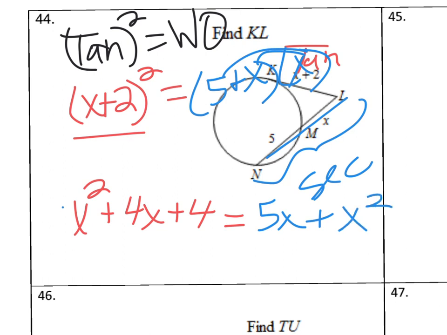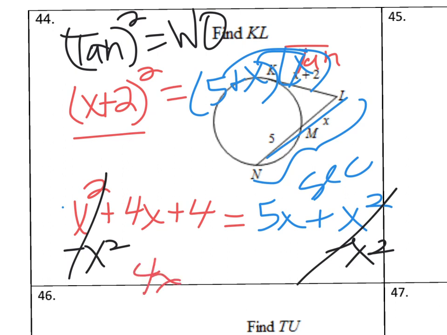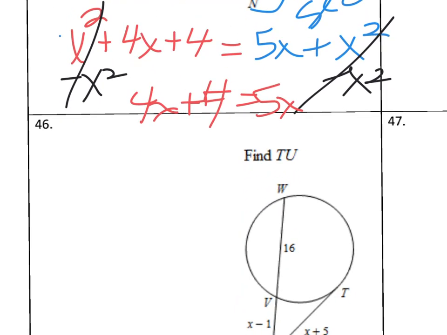And then when I subtract the x squares on both sides, they cancel out. And now I'm back to a linear equation, real basic: 4x plus 4 equals 5x. And now we're just solving for x and then plugging in for KL. So I wanted to address that one because I know that was test-like.